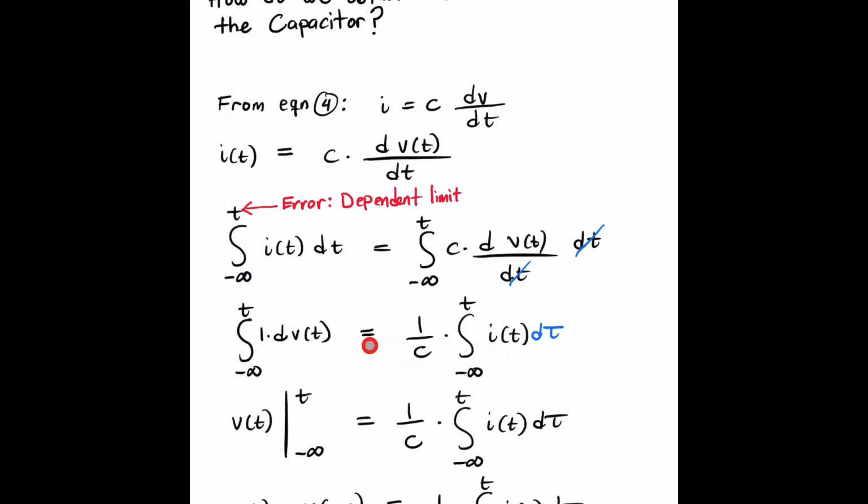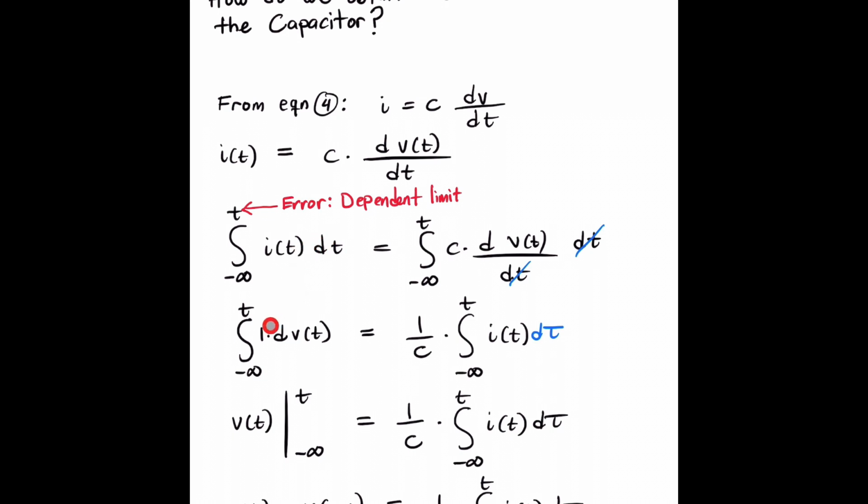I also want to point out that you cannot integrate with respect to t and have a t as a limit on the integral. You're going to get an error. It's going to say something like error, dependent limit. If you try to do this integration with, let's say, your TI-89 calculator, you can't do this.